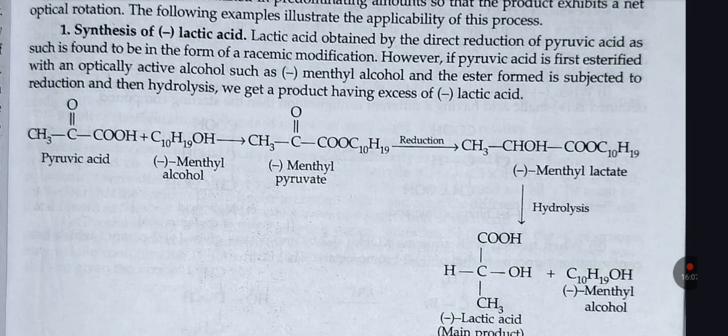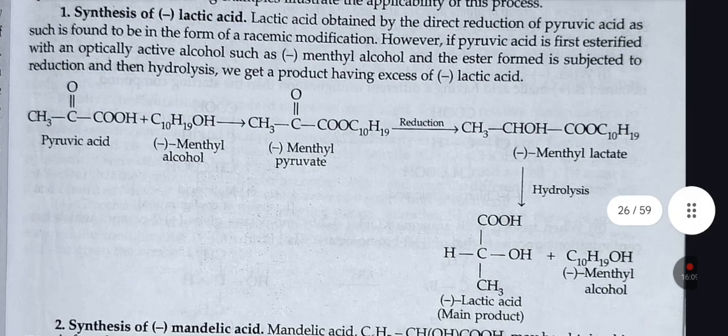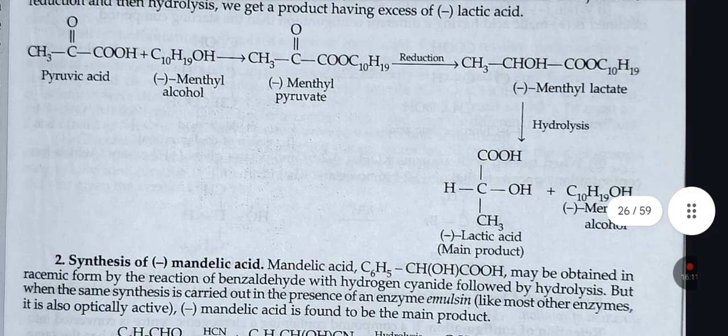Pyruvic acid plus minus methyl alcohol will give minus methyl pyruvate. On reduction it will give minus methyl lactate. On hydrolysis it will give minus lactic acid as main product plus minus methyl alcohol.